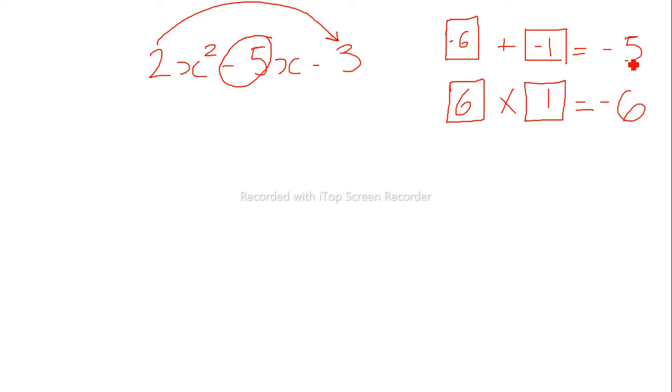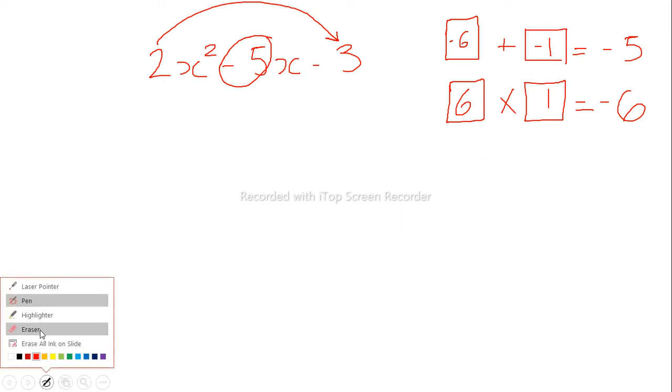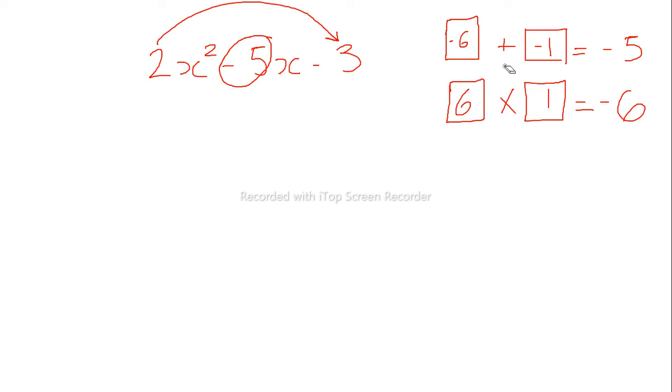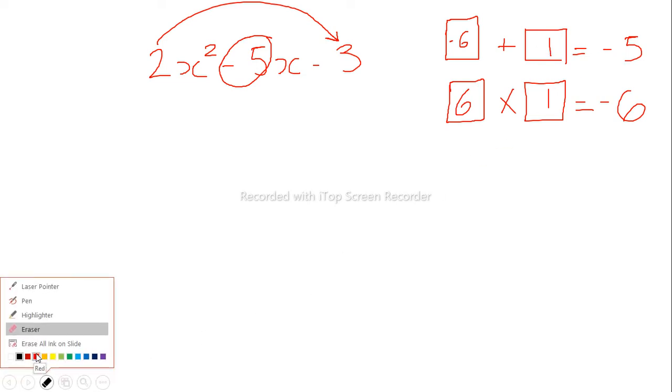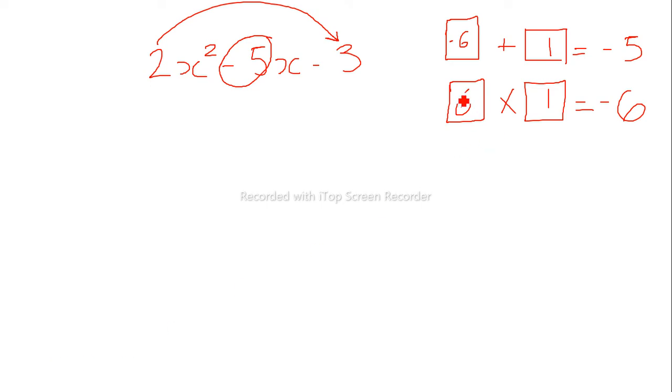No. A negative 6 and a 1. When you add them together, you get negative 5, and when you multiply them, you get negative 6. So yes, it's negative 6 and a 1.